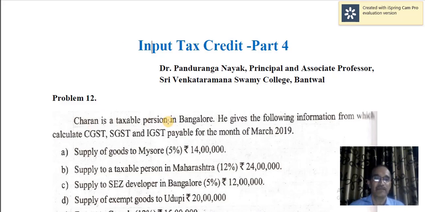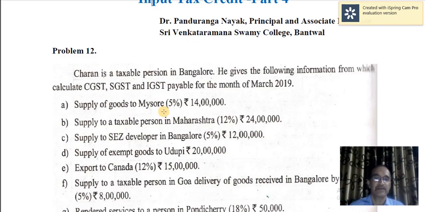Charan is a taxable person in Bangalore. So please note he is from Bangalore. So place is very important because you have to decide whether the supply is within the state or between the states. If it is within the state, we call that intra-state. CGST and SGST are to be applied.